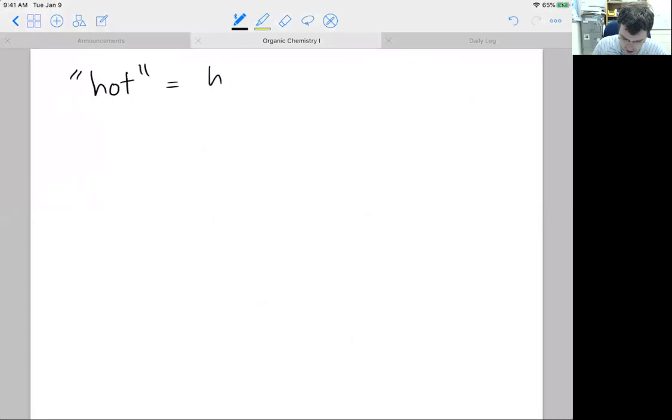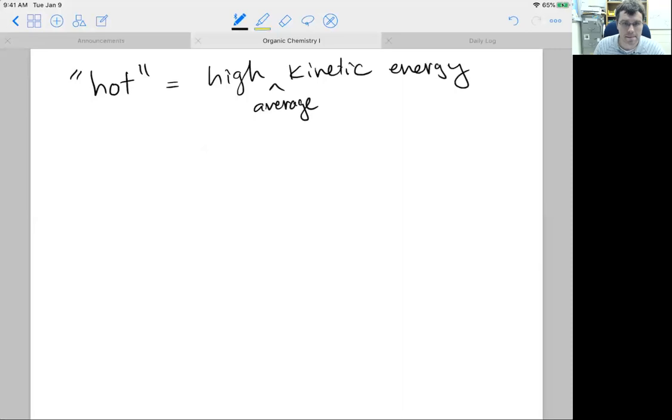And what we're noticing about the chemicals in the atmosphere around us is that these chemicals have a high average kinetic energy. Whereas near the end of this semester, it will start to feel cold. And when it's cold, that's describing a system that has a low average kinetic energy.